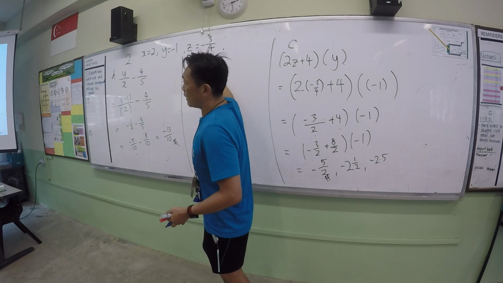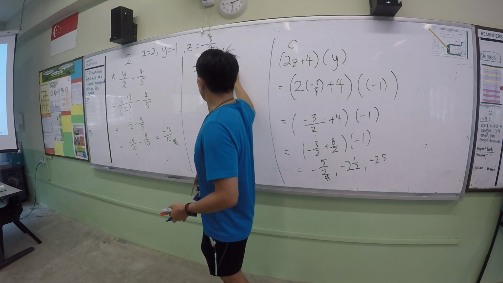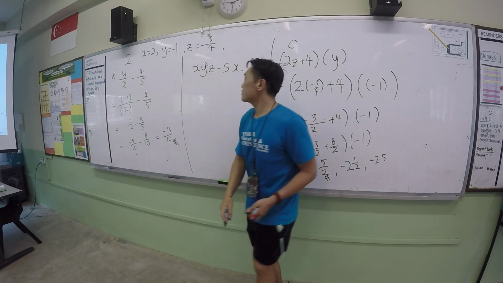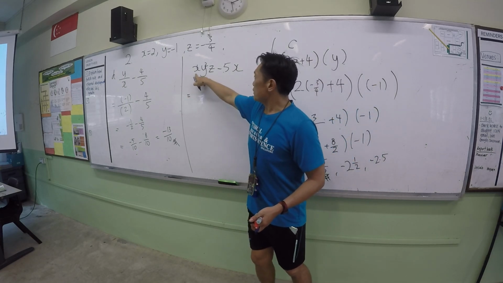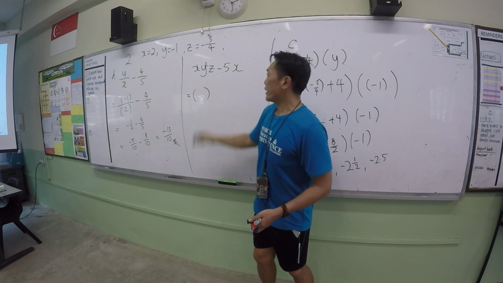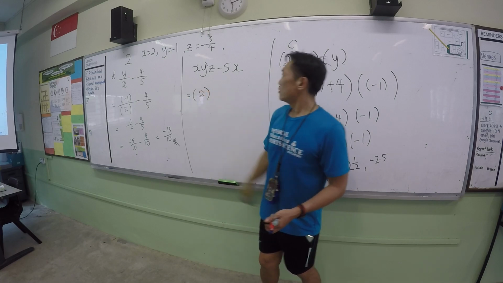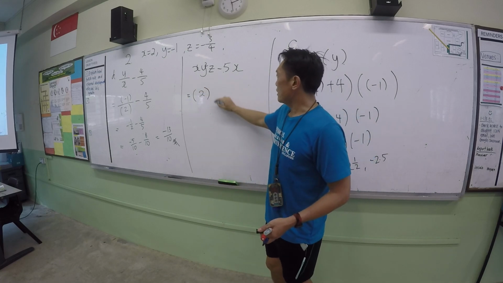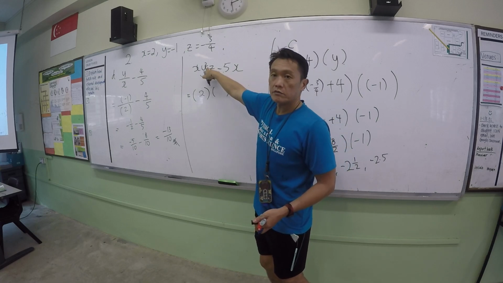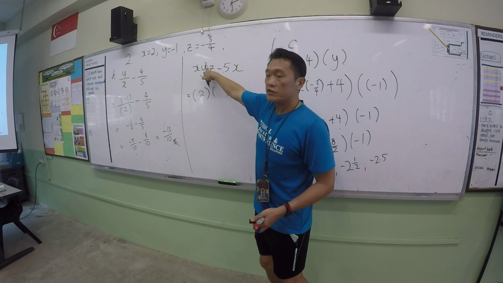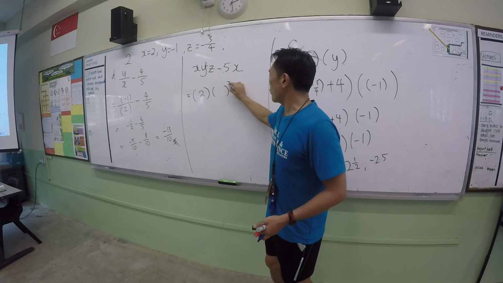x y square z minus 5x. Substituting x, yes, bracket 2. Substituting y, yes, bracket. y is being squared, so the bracket is being squared.